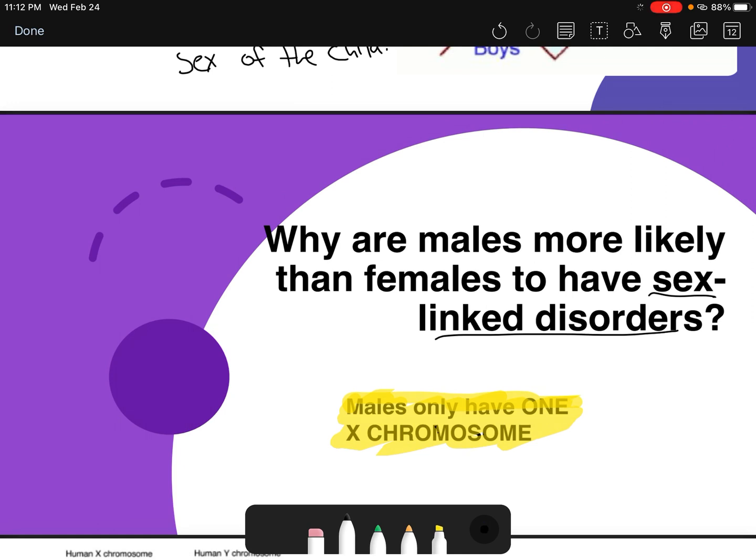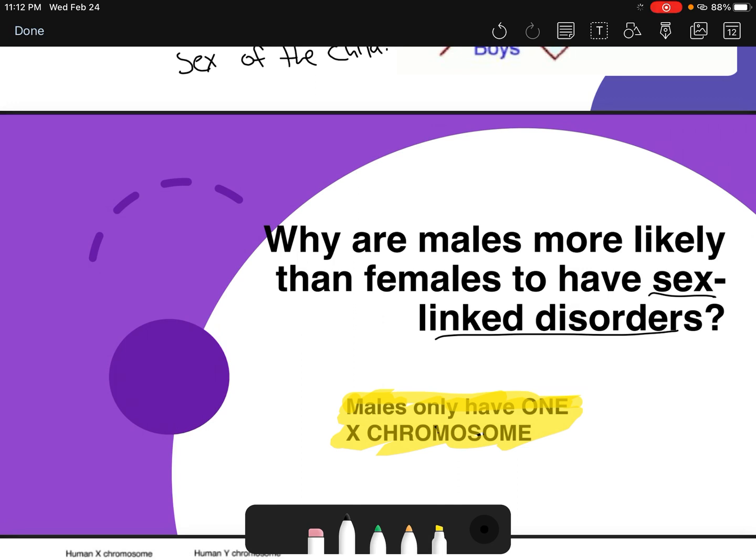As males, we do not have the ability to use our Y chromosome in its place, because it does not contain the same genes that an X chromosome does.